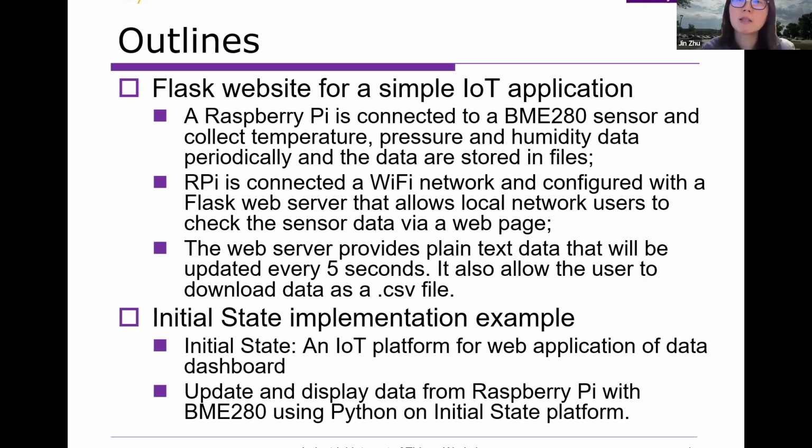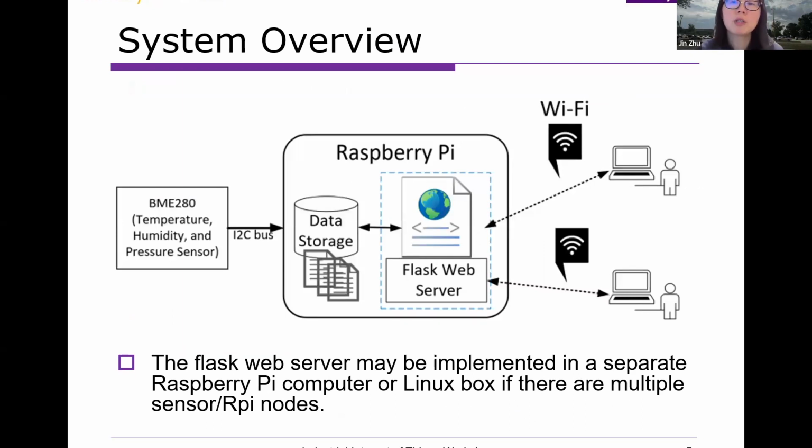Okay, let's get started. This figure shows the overall system for the first part of the project. We connect a BME 280 sensor through the I2C interface, which we discussed last week, to the Raspberry Pi. The data acquired from the BME 280 will be stored locally on the Raspberry Pi in some text files.